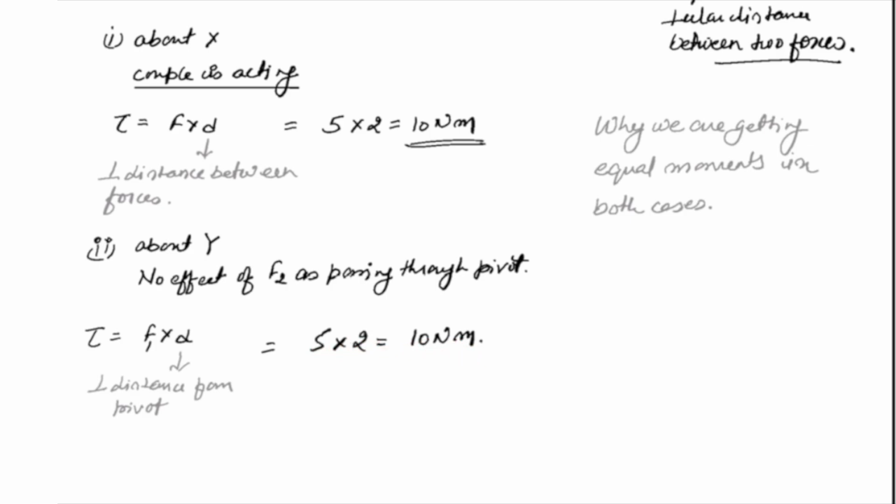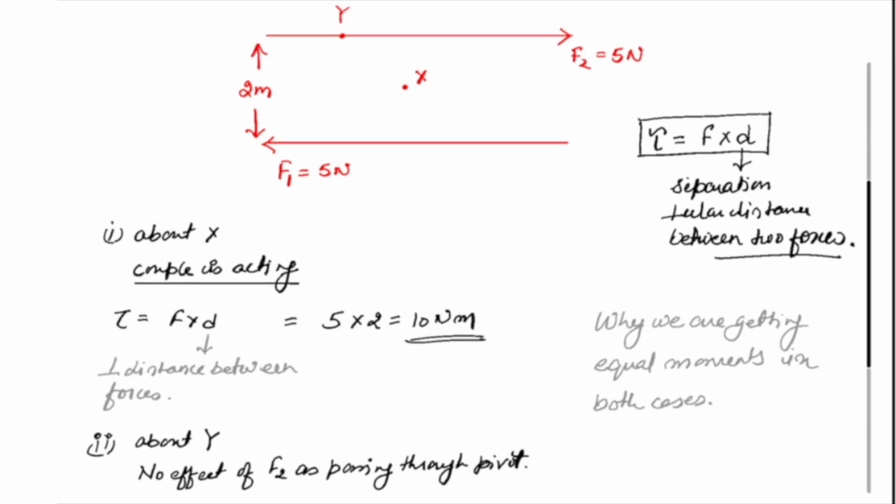Let me explain what we want to say here. In this diagram, we have to find the moment about this point, but this force is acting on the pivot. If you are pivoting this, if you are fixing this, no matter how much force you apply, this force will be redundant. It will not be able to do anything, or it will not produce any moment about this point, and this one will produce.